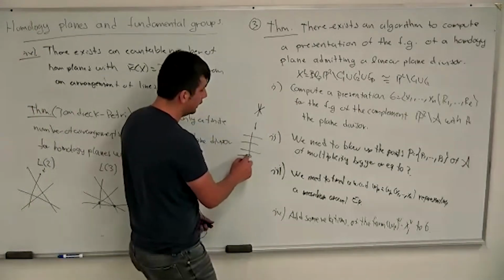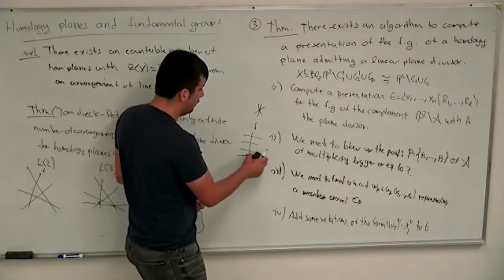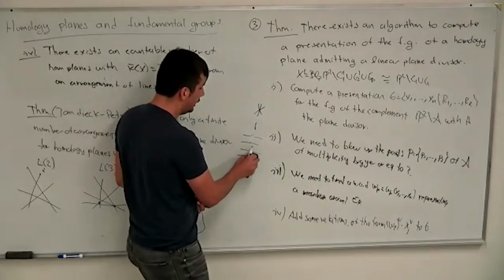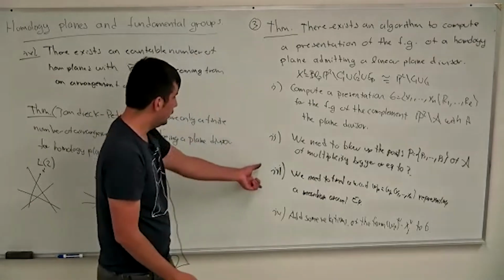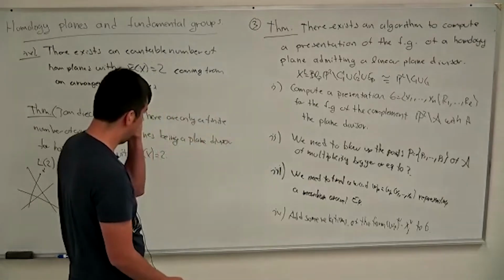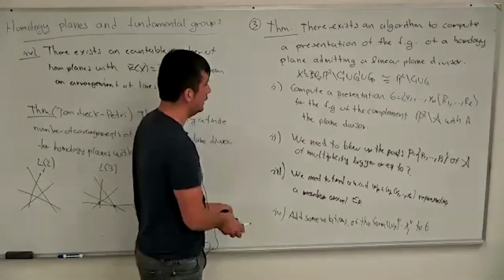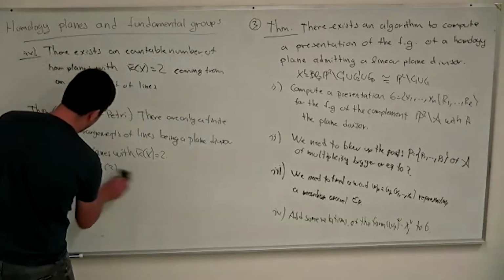We need some meridian around this because we are removing the strict transform of the lines, but not this. So we need an expression for this. So the whole thing of the algorithm is to find this, and you can read off some presentation out of this. So I don't think I'm having time to do this.